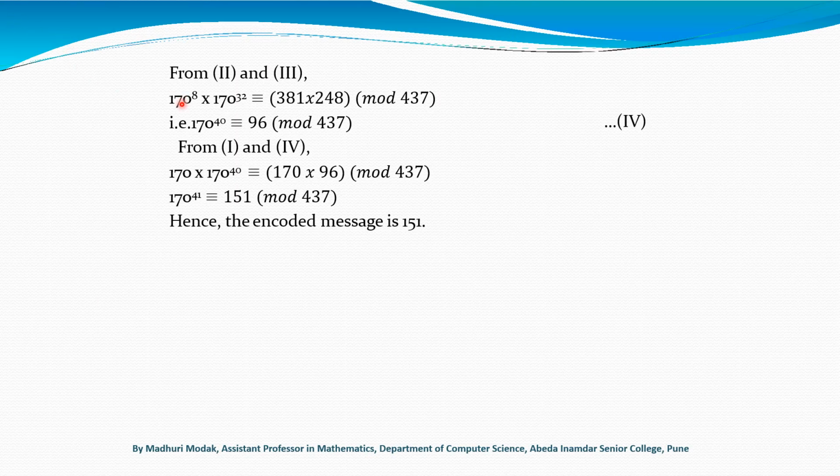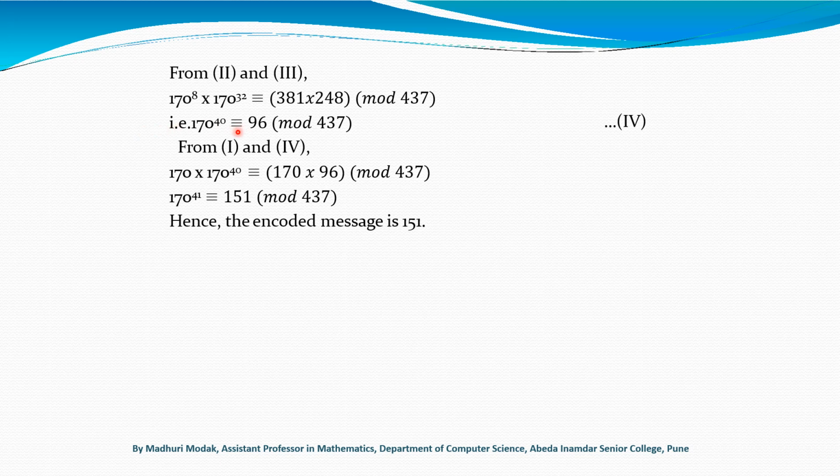Now from 2 and 3, 170 raised to 8 into 170 raised to 32 is congruent to 381 into 248 modulo 437. Again, we have used one result of congruence, that A congruent to B modulo n and C congruent to D modulo n gives AC congruent to BD modulo n. Now multiply these two numbers, divide by 437 and find the remainder. That value is 96. So 170 raised to 32 plus 8, that is 40, is congruent to 96 modulo 437.